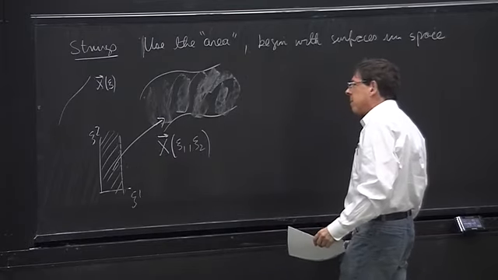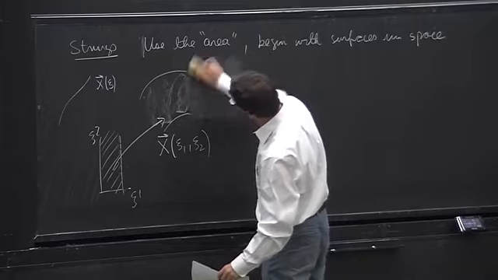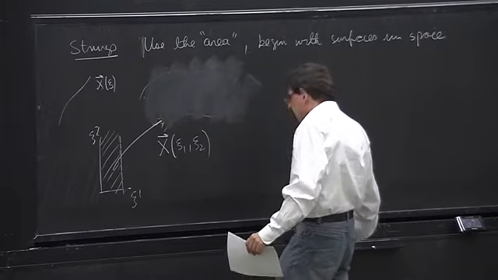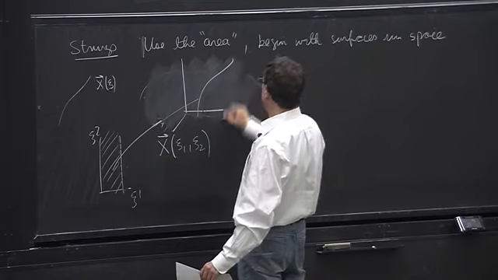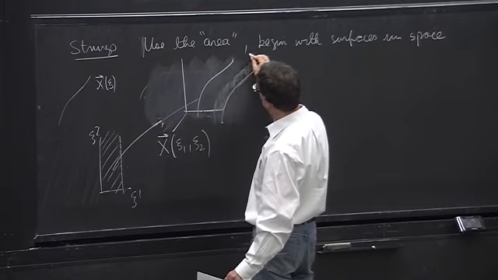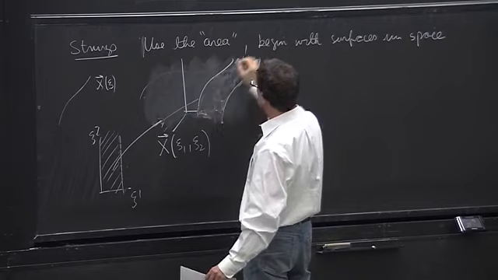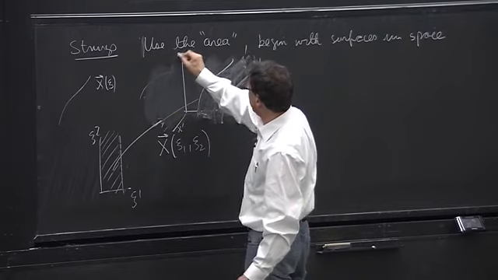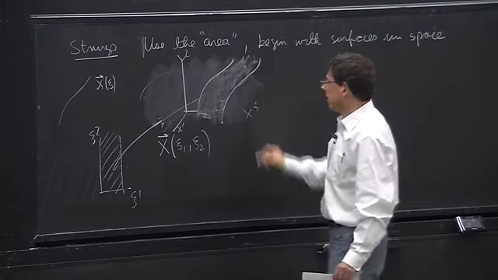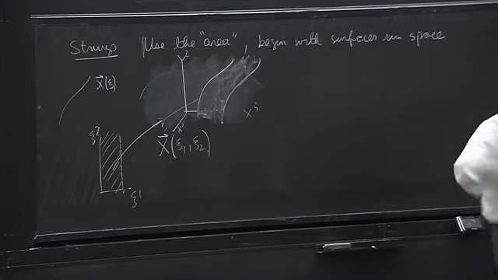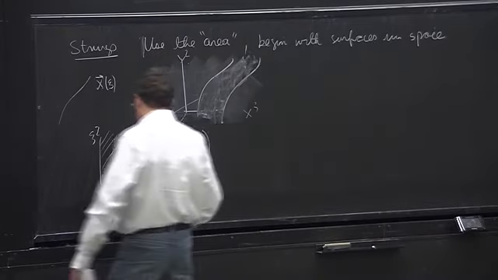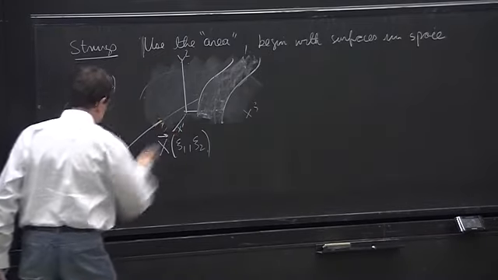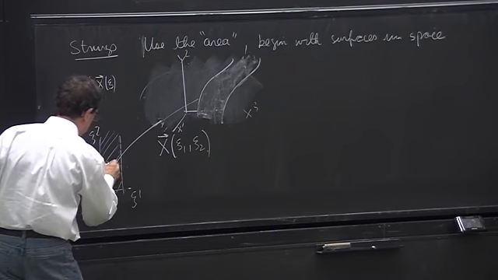So let me draw it maybe a little better. I draw some axis here, and then this maps into some surface in space, x1, x2, x3. And this is the vector that tells you where you are in this surface. The first thing you need to know to write the area functional is how to compute the area of this surface using a parameterization.